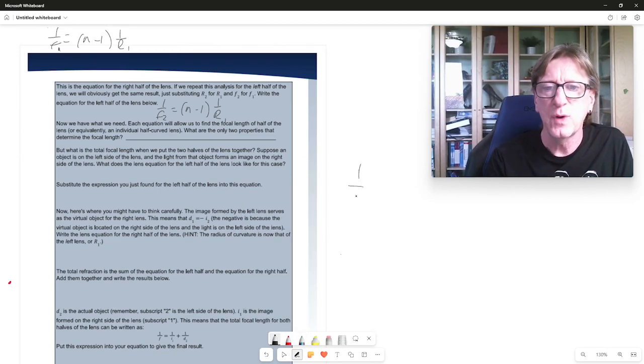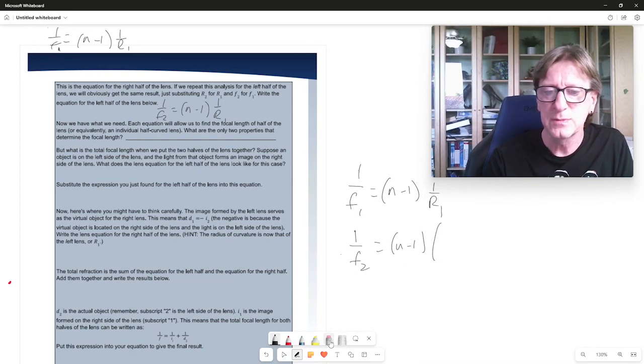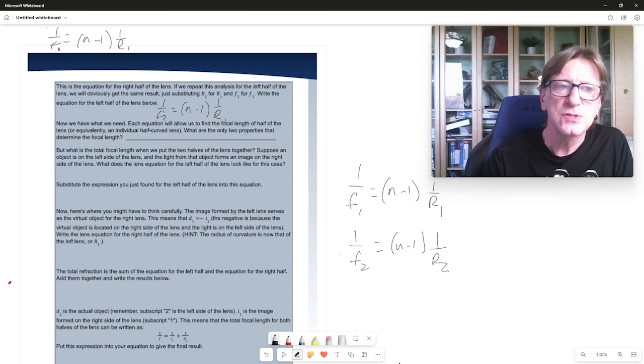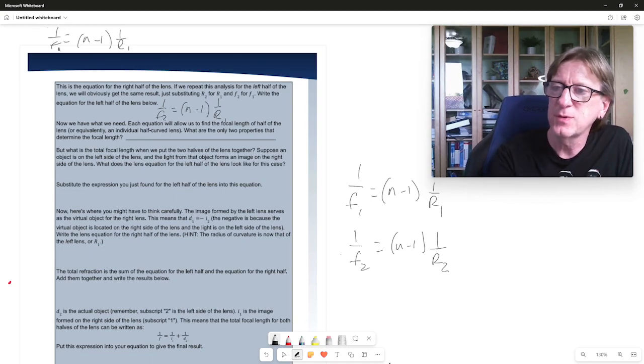We have 1 over F1 is equal to n minus 1 times 1 over R1, and remember, n is the index of refraction of the glass. And we know 1 over F2 is n minus 1 times 1 over R2. So what are the only two properties then that are going to determine the focal length? That's going to be the index of refraction, n, and the radii of curvature.